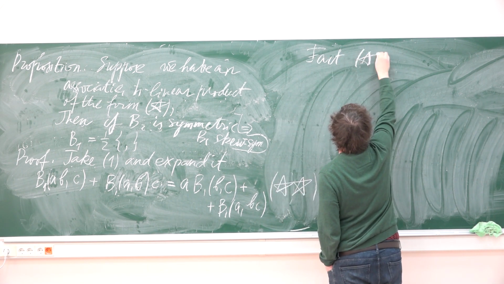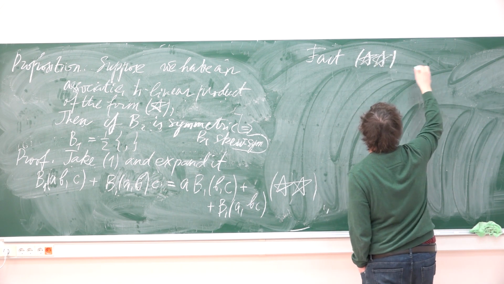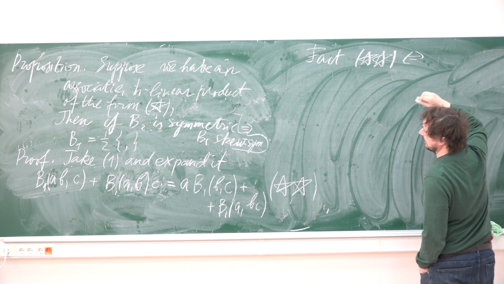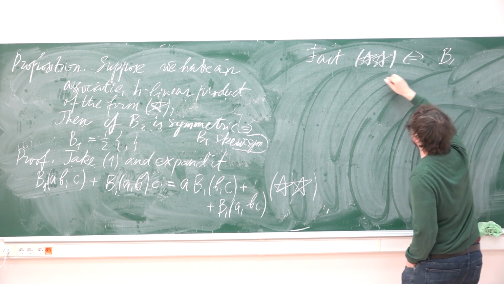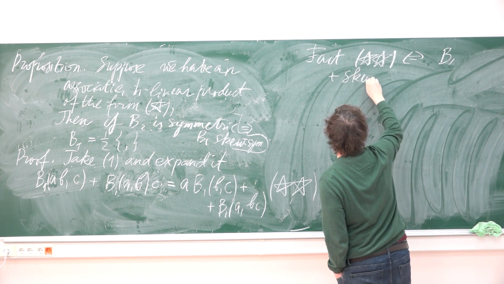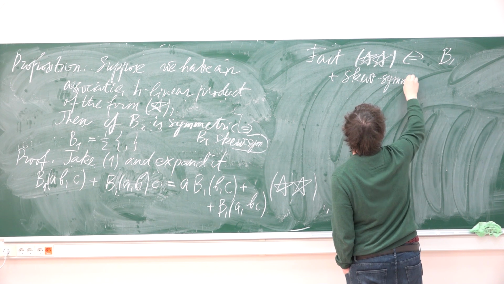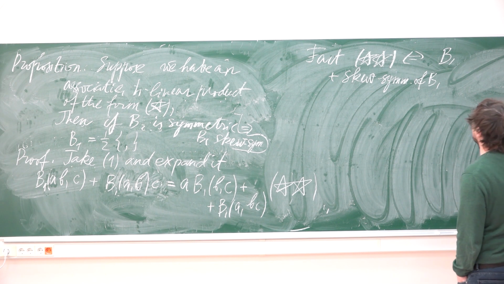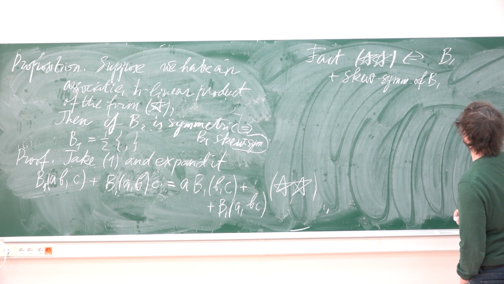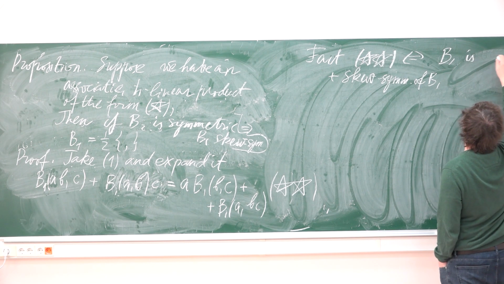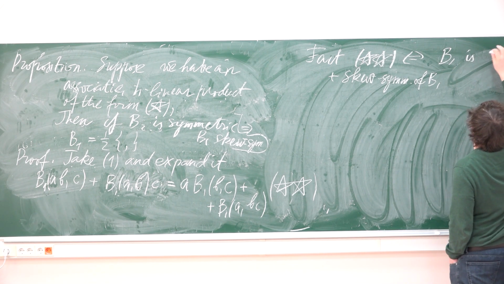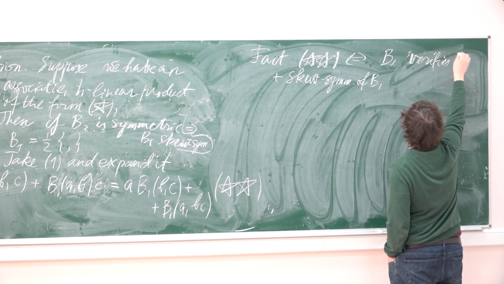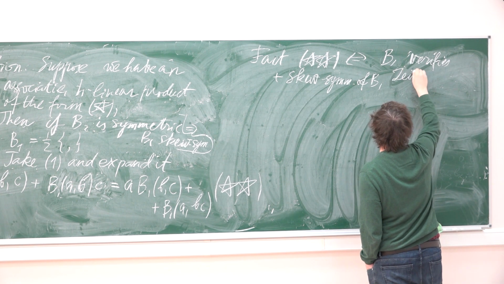Condition 2 stars is equivalent to saying that B1, plus skew symmetry of B1, verifies the Leibniz rule with respect to both sides.